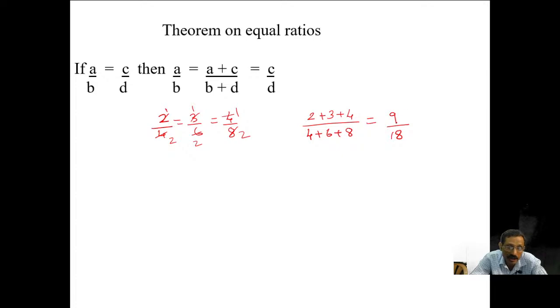Now, if I reduce this, 9 ones are 9, 9 twos are 18. What do I get? I get 1 upon 2. Now, this we did on adding.